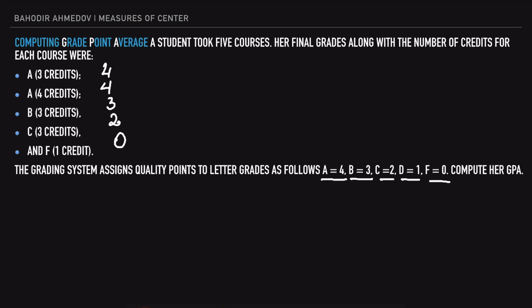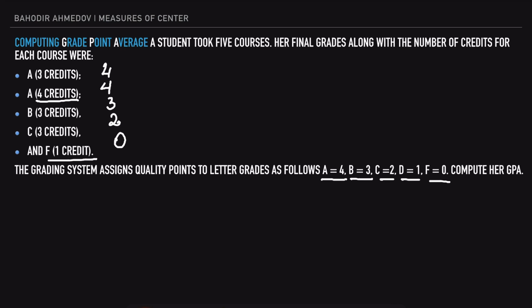We can't really just take the arithmetic mean of these 5 numbers to find her grade point average, since every subject is weighted differently. The 4-credit subject is the most important one, since it has lots of lecture hours, so it is considered more important than, for example, a subject with 1 credit.